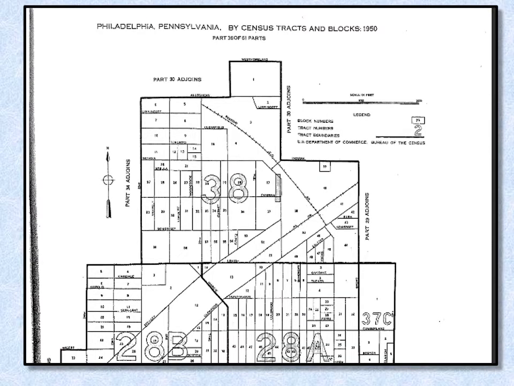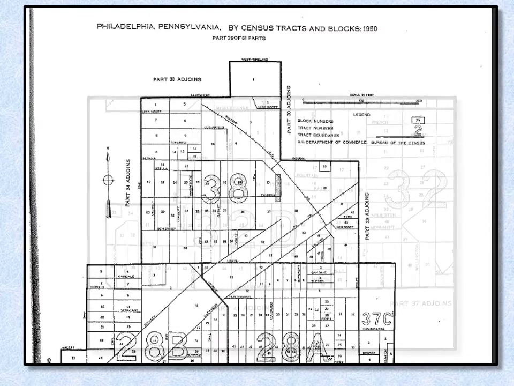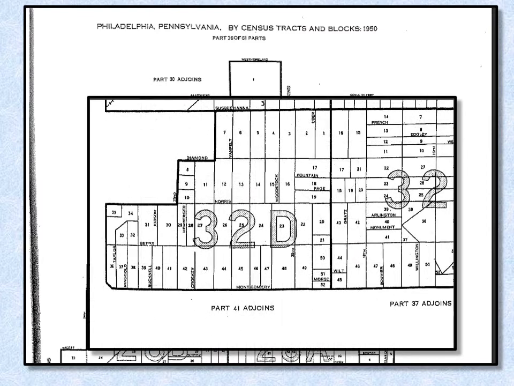So here we are at part 36, or map 36, of 61 parts. And we want to go to the bottom of this page because that's where 32D is. And if you look to the bottom right of 32D, there is Morse block 52.